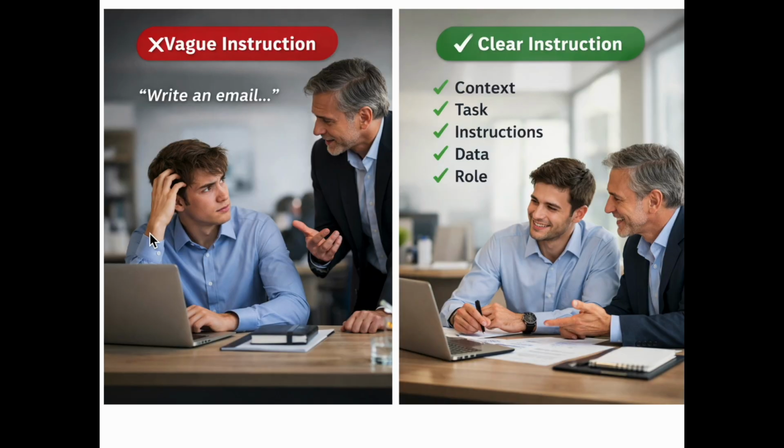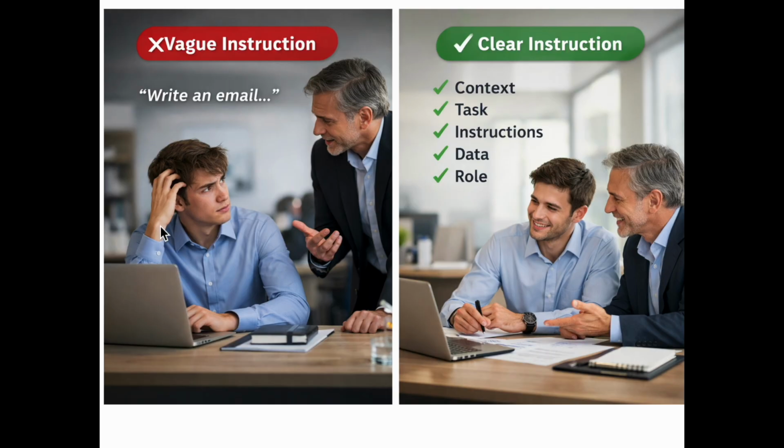Now, let's make this more concrete. Think of AI like a new employee on day one. If you just say, write an email, the employee doesn't really know what to do. They don't know who the email is for, what the goal is, how formal it should be, or what role they are supposed to play.